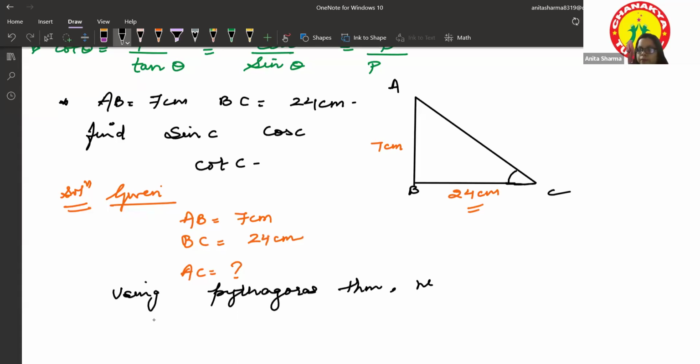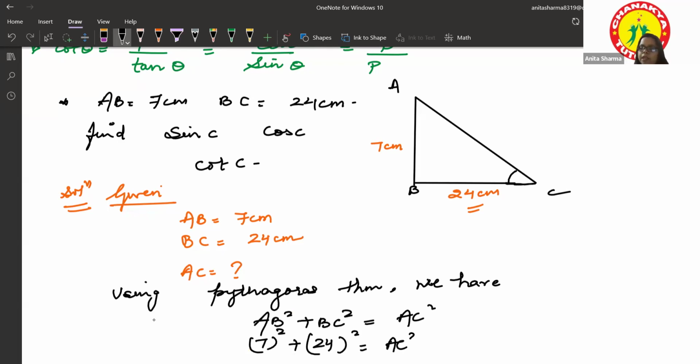Each and every step should be written in your board exam. Fine. So AB square plus BC square is equal to AC square. Now substitute the values. So 7 square plus 24 square is equal to AC square.